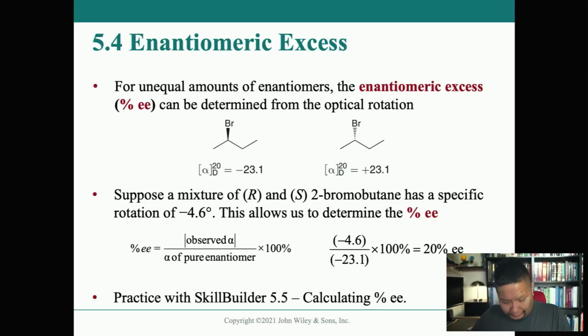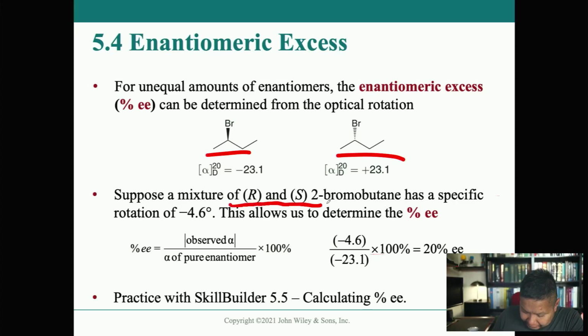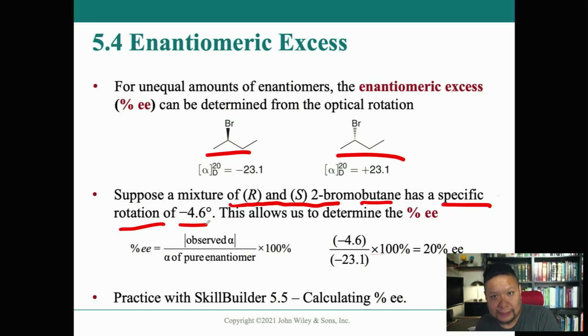And so here we have 2-bromobutane again, okay? And suppose that a mixture of R and S 2-bromobutane has a specific rotation of negative 4.6 degrees. That's a rotation of light, negative 4.6 degrees. It's not 0, so we know that there's a little bit more of one than the other, okay?